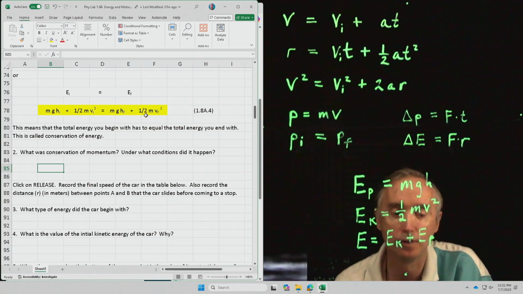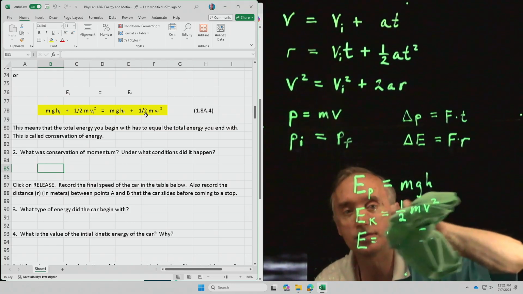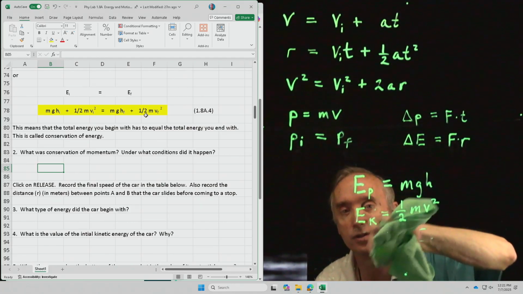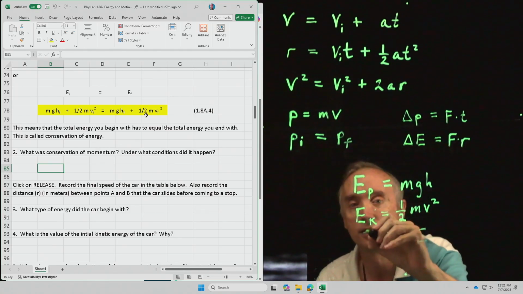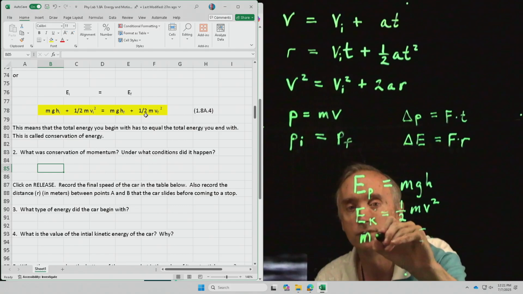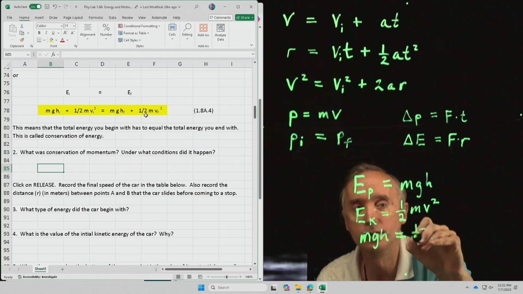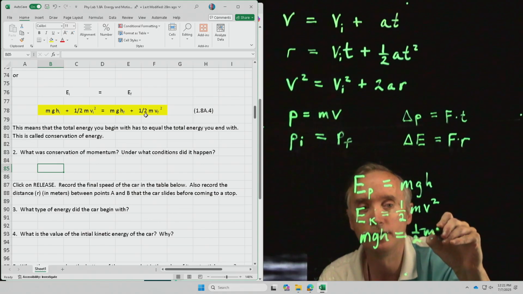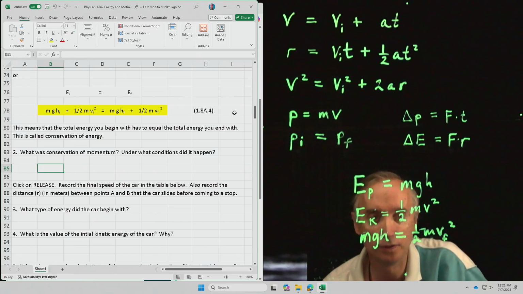So what we're ending up with, our conservation of energy equation, is going to turn out to be that mgh has to equal 1/2 mv final squared. So that is what we've got down here.